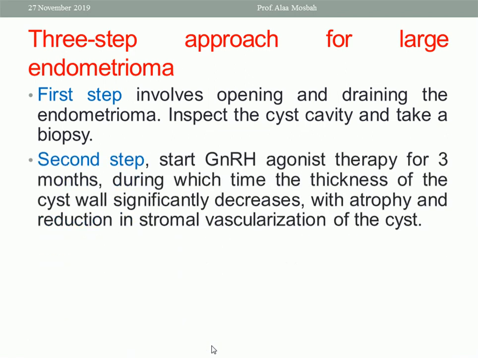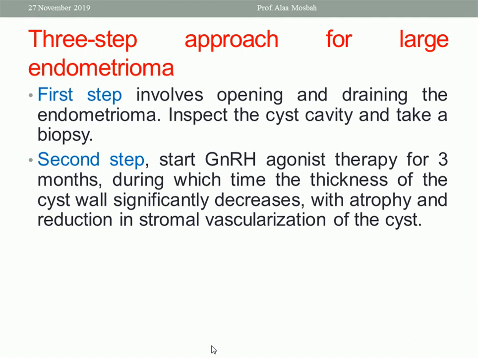Then, second step, give the patient medical therapy for 3 months in the form of GnRH agonist, subcutaneous injection monthly up to 3 months, like Zoladex. Okay?